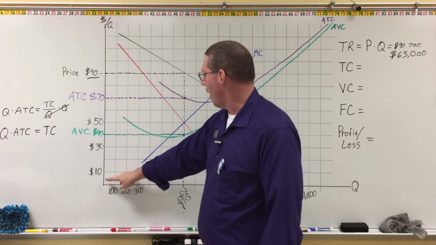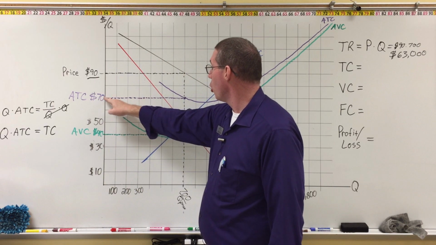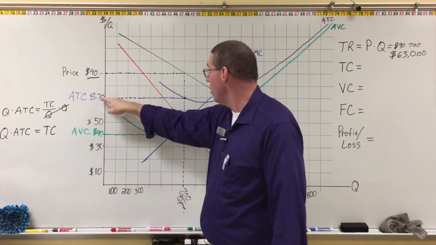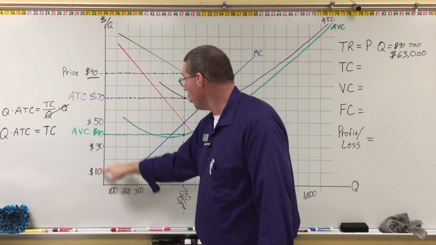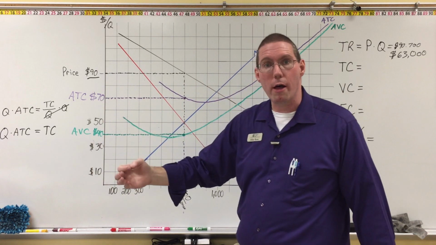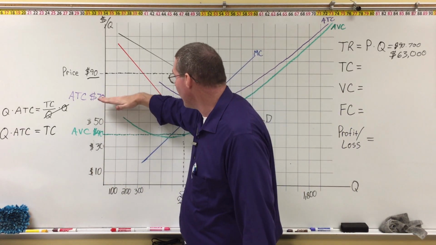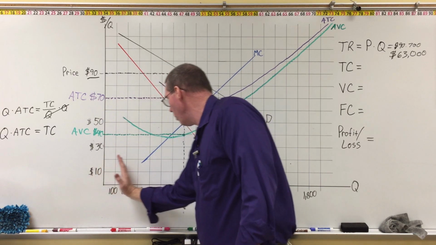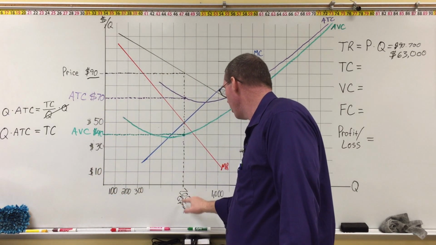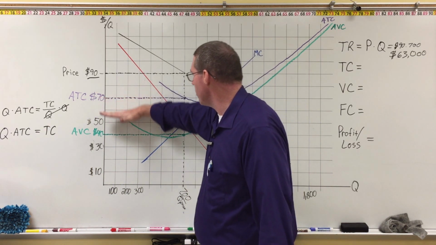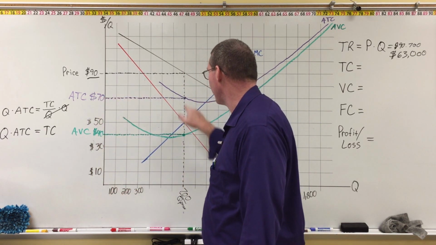And so average total cost is 70, quantity is the base, that's the width of the rectangle. So this kind of smaller rectangle is going to represent the total cost rectangle. So the rectangle that's below average total cost, that goes all the way over to the profit maximizing quantity, 700, that is the total cost rectangle.